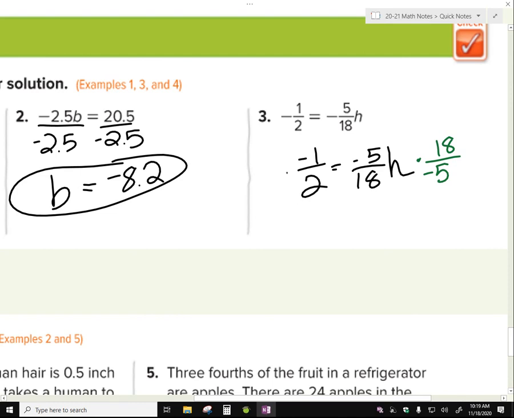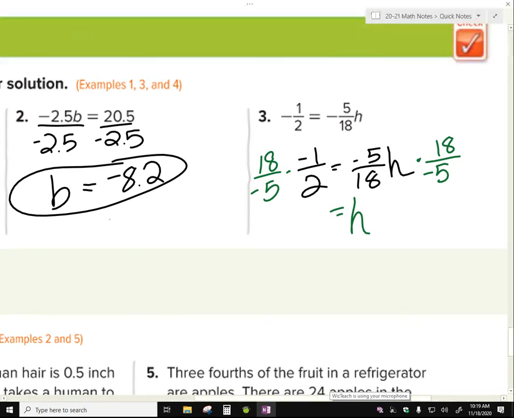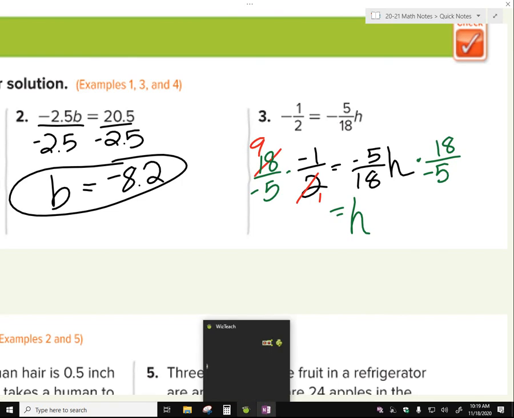I have to do it to both sides. This side I'm going to have just h. I have common factors. 2 goes into 2 one time. 2 goes into 18 9 times. Negative 1 and negative 5 don't have a common factor.